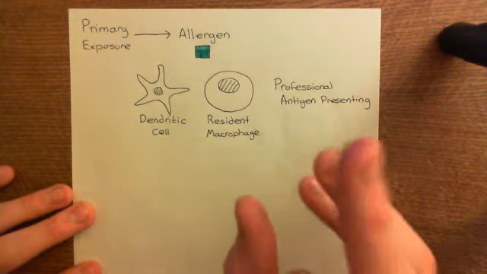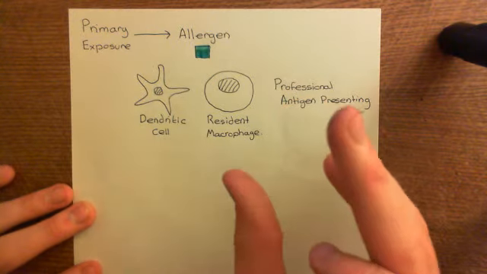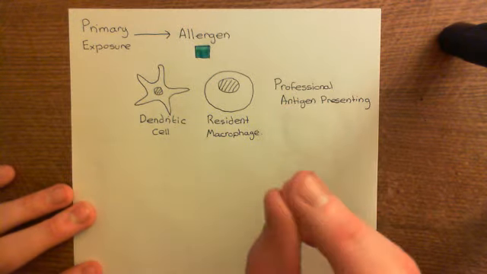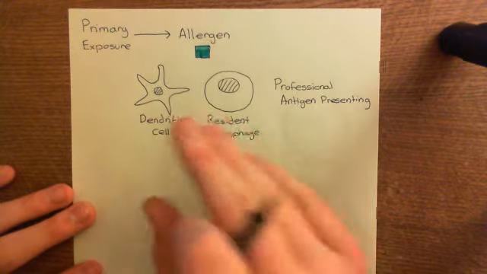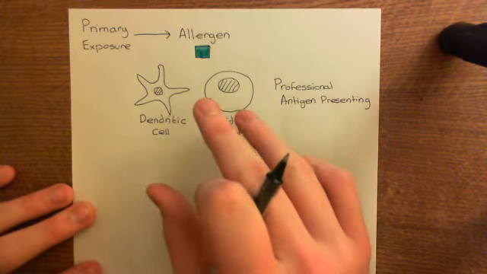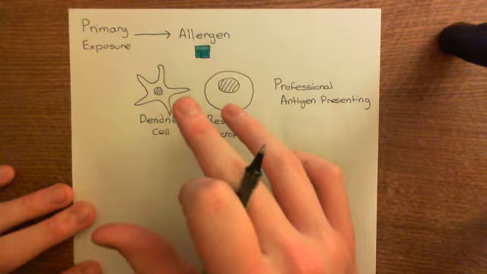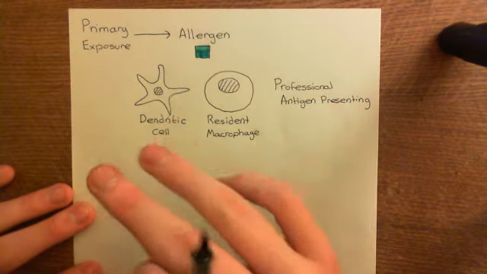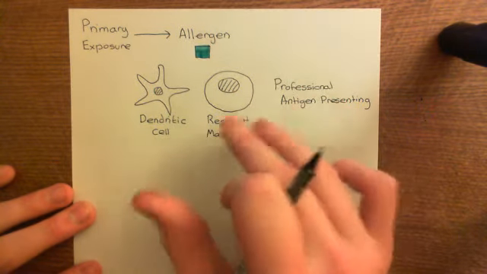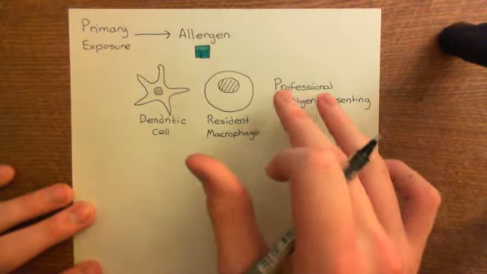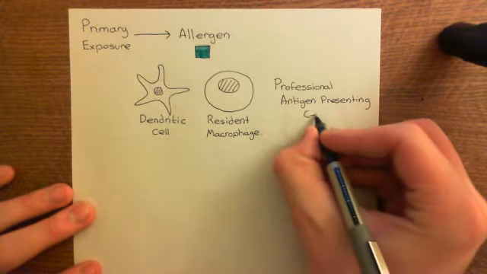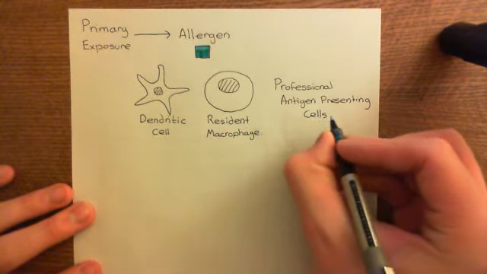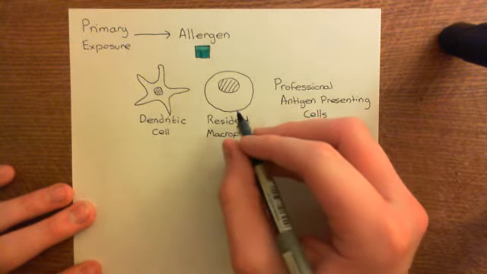Erythrocytes can't present antigen, for instance, because they don't have a nucleus. But all nucleated cells can present antigen, so calling these antigen-presenting cells is a little bit unfair on all the other cells of the body. So to emphasize that, occasionally, people write professional antigen-presenting cells to be absolutely proper, but everyone just calls them antigen-presenting cells.